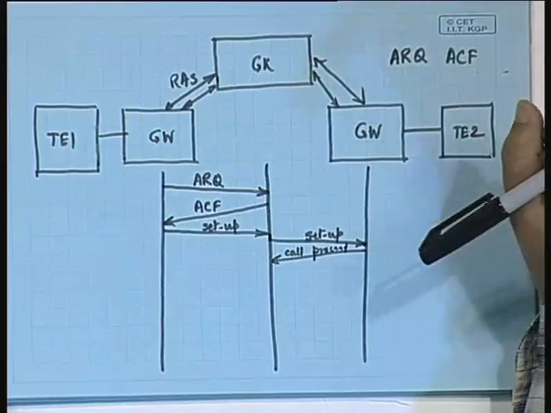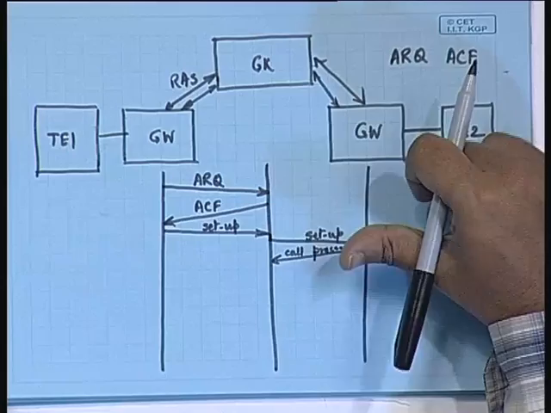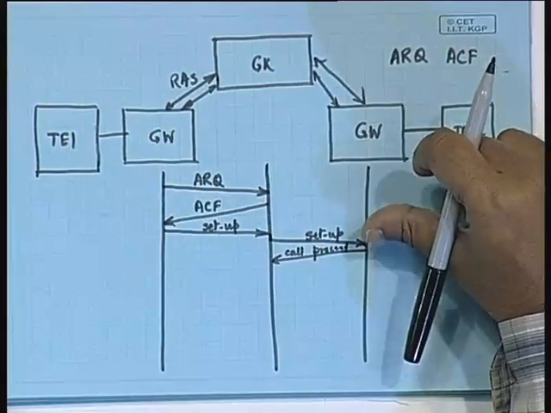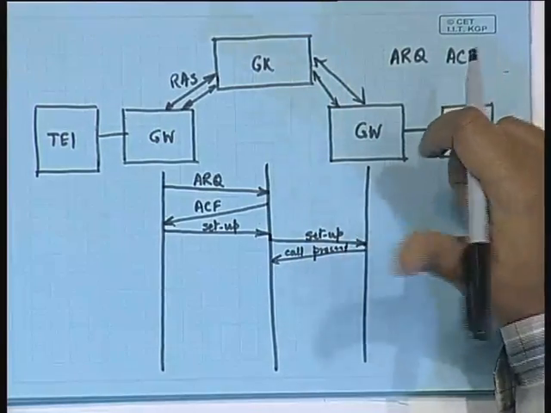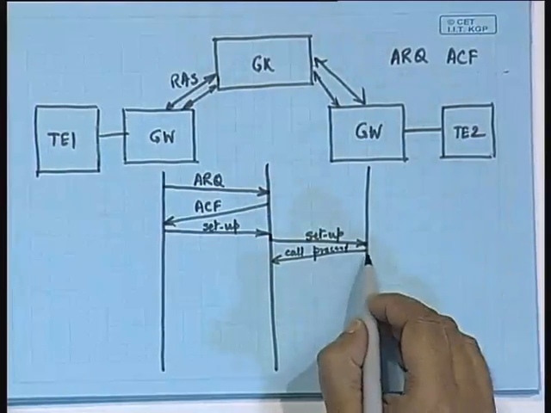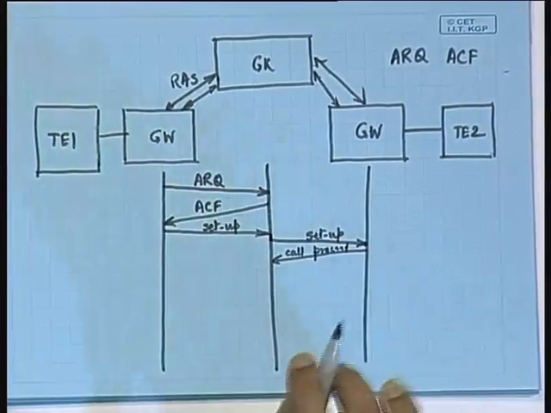So, the admission would be necessary now. When it sees that there is a call that is going to materialize, this gateway has to seek the permission of the gatekeeper. This will take place with the loop closure.